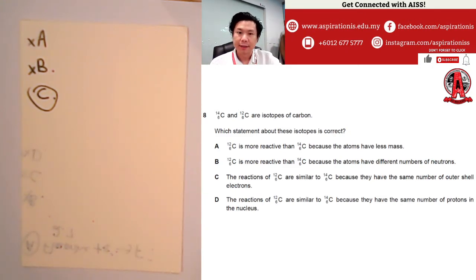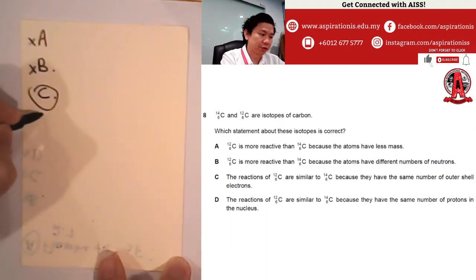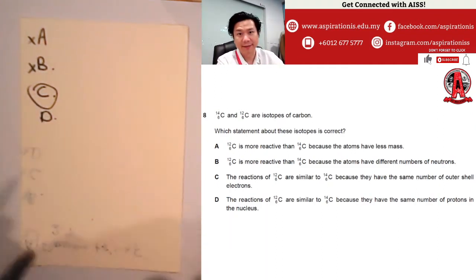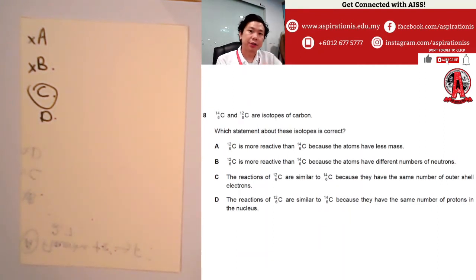I think C and D are very close, but of course we know that chemical behavior depends on the number of valence electrons. So the answer will be C. Just remember that. Chemical reactions depend on the number of electrons on the outermost shell. Let that sink in your mind. Don't make this mistake. More questions?